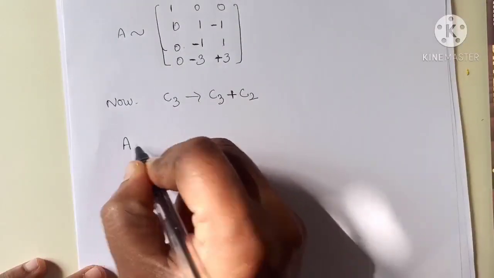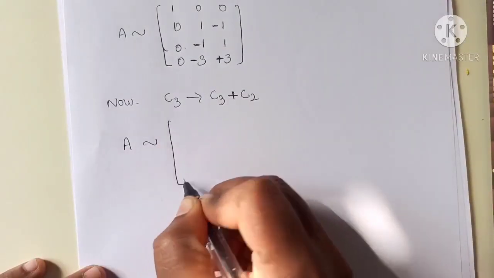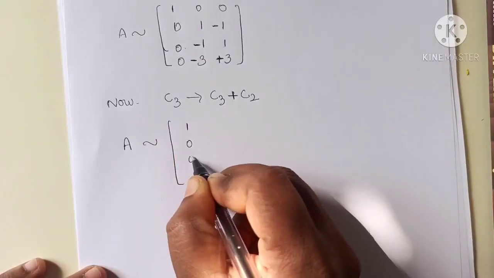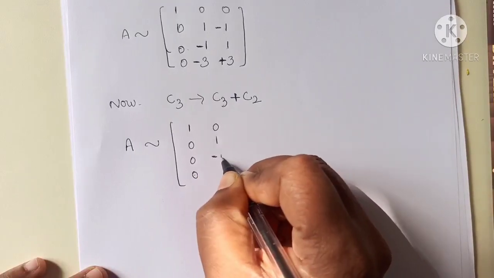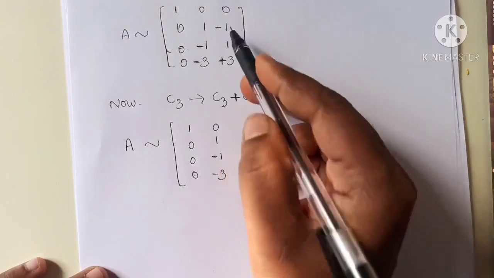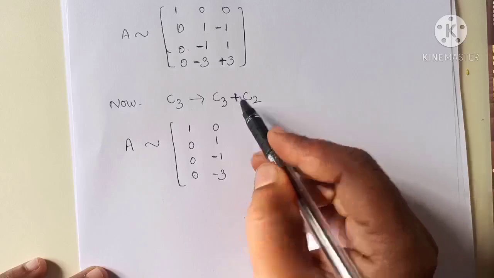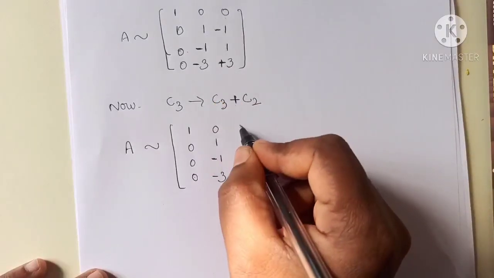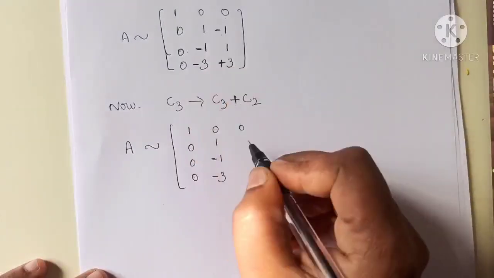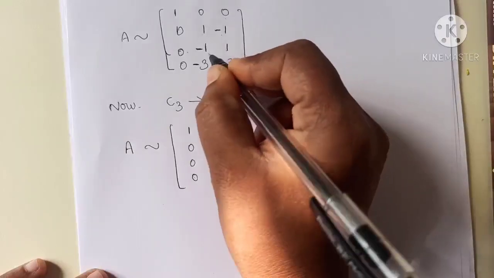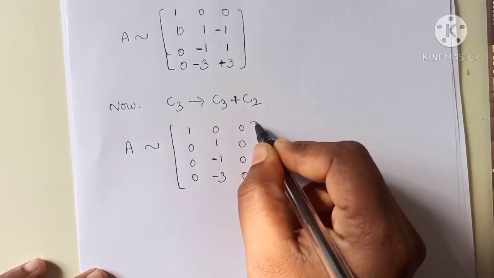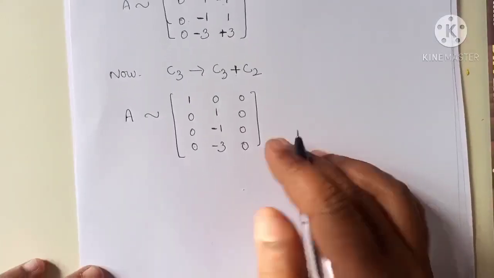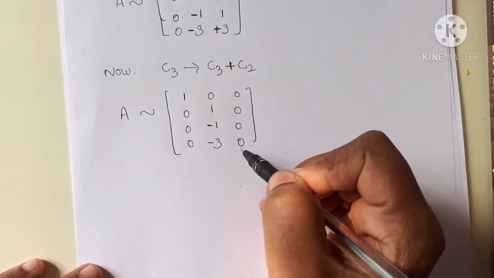Therefore, now A is equivalent to 1, 0, 0, 0. This first column as it is, even the second column as it is. Now the third column equals C3 plus C2, that is 0 plus 0 is 0, minus 1 plus 1 equals 0, plus 1 minus 1 equals 0, plus 3 minus 3 equals 0. Here we got this column 0.